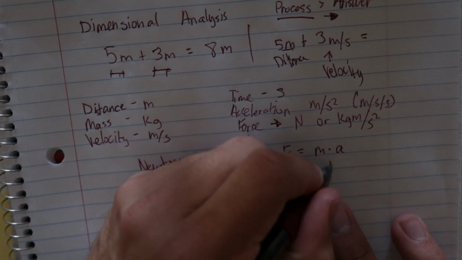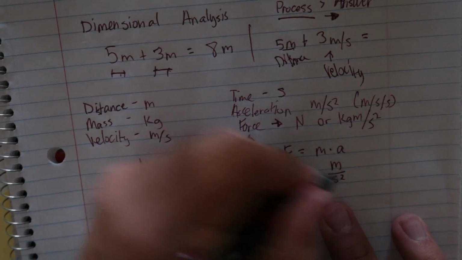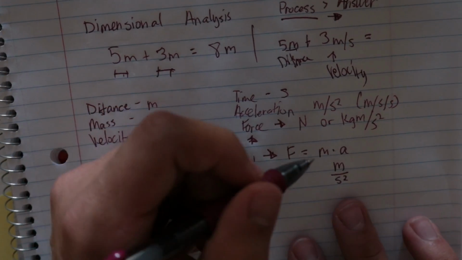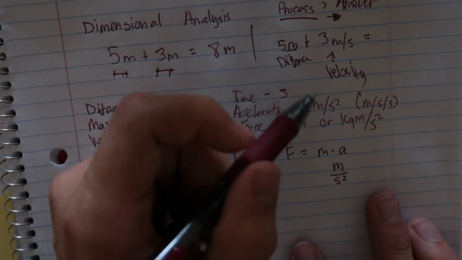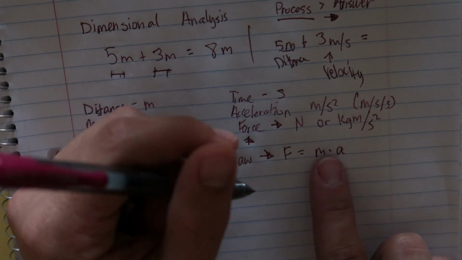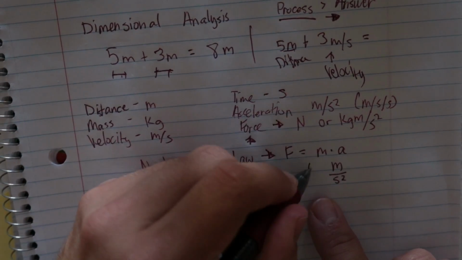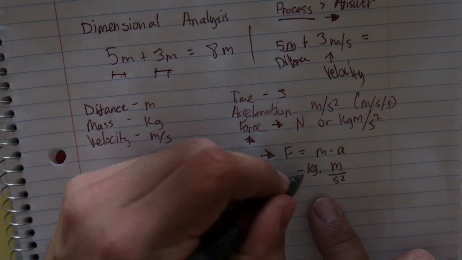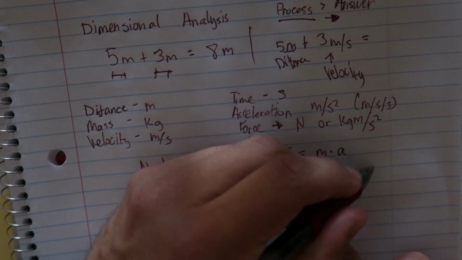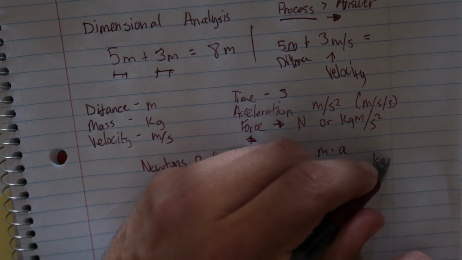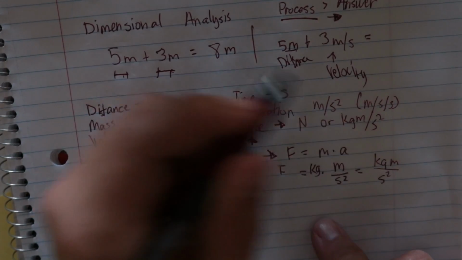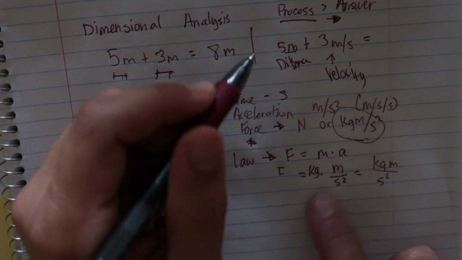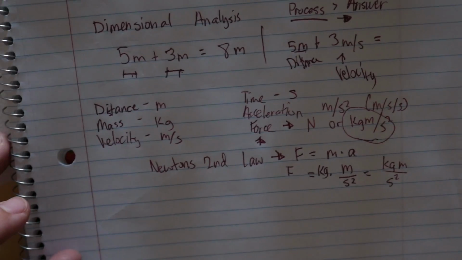So acceleration is m over s squared, meters per second squared, and mass is measured in kilograms. So if we multiply those together, force equals kg m over s squared. So that's how we get this number here for that.